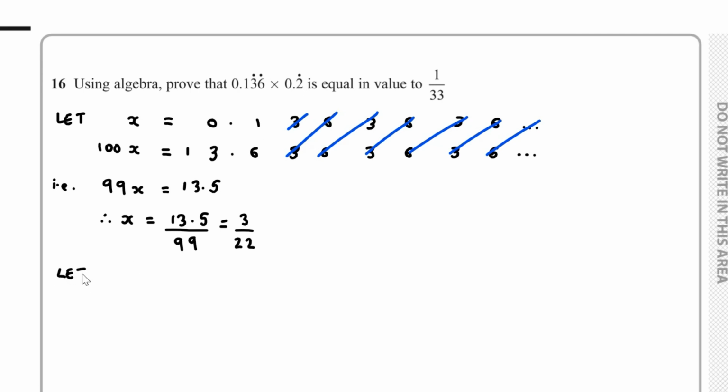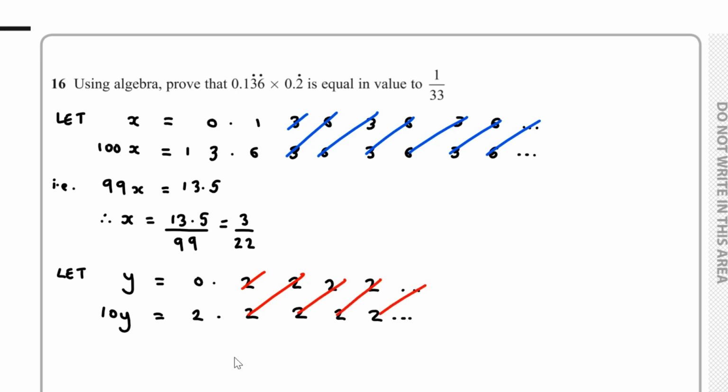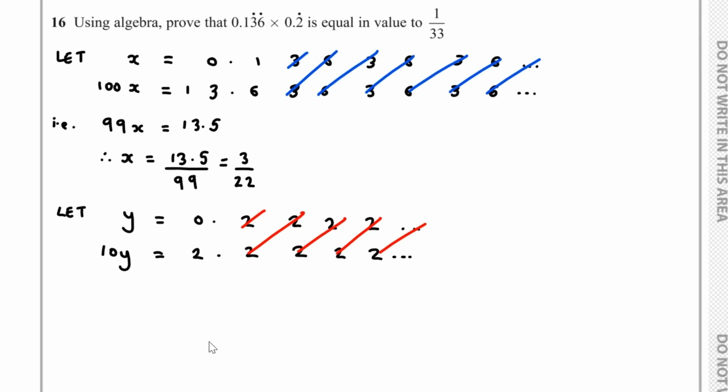Here we will let y equal 0.2222, etc. And because we've got one digit repeating, we can multiply this by 10. So we have 10y equals 2.2222, etc. And in a similar way, the terms here cancel out. 10y take away y, that's 9y.